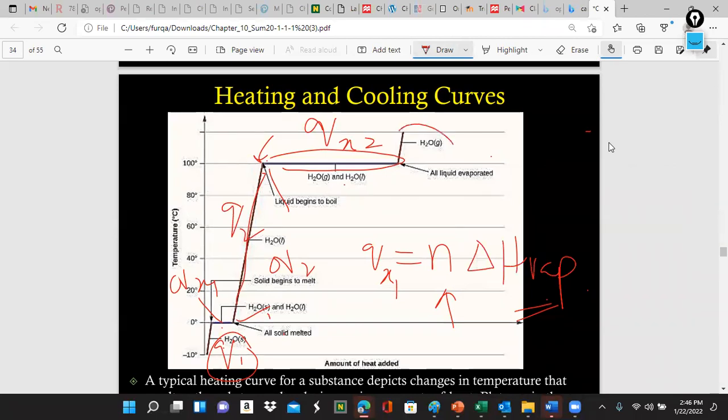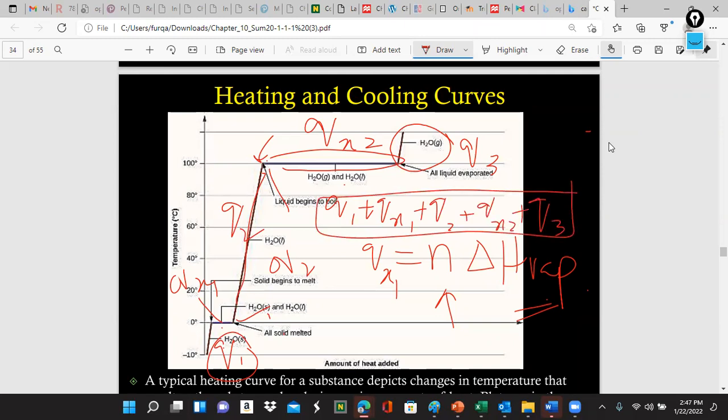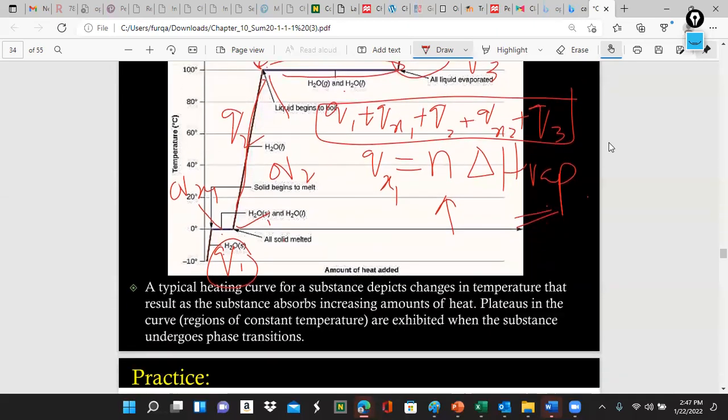And then the last portion, if you go all the way to the end of the curve, you have to do the Q3 again here. Then at the end, Q1 plus QX1 plus Q2 plus QX2 plus Q3, whatever you have calculated for all of them, is going to be equal to the total heat requirement for this heating process for the water.